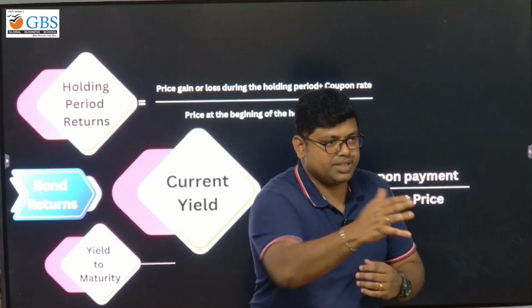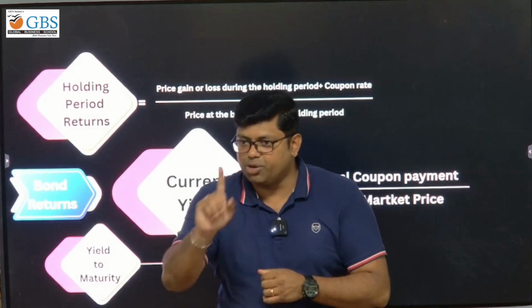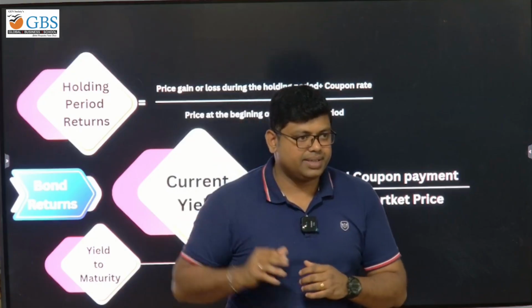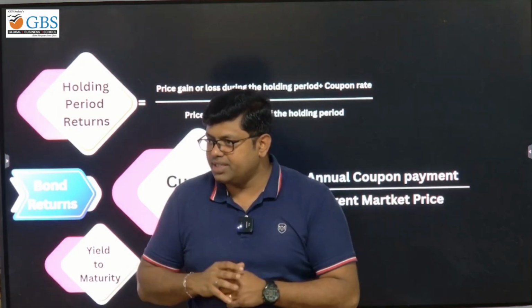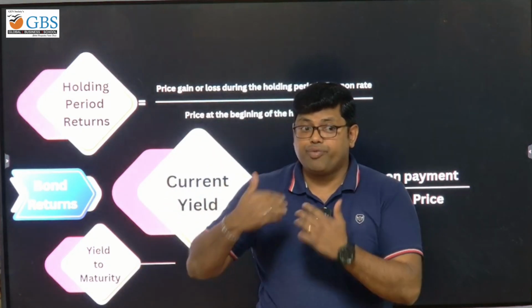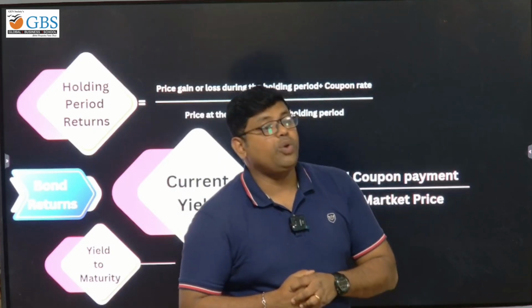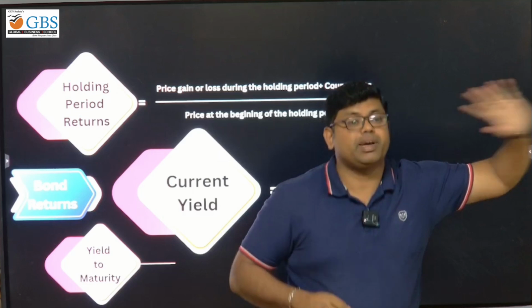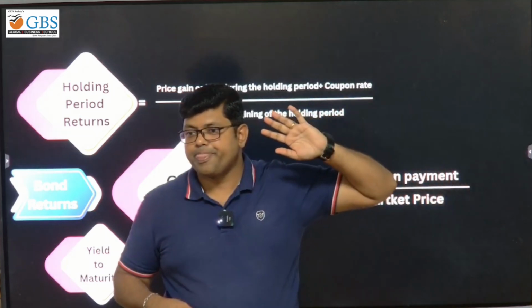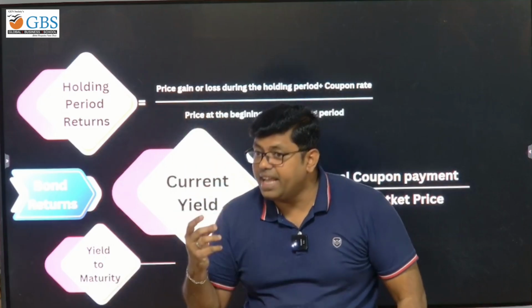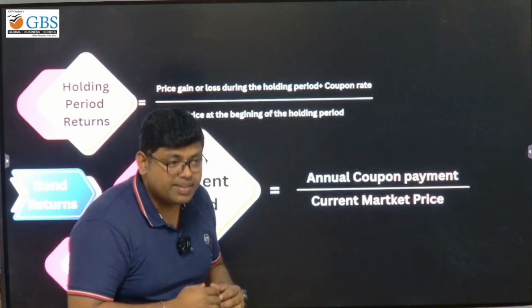I issued a 100 rupees bond to you at 10%, and maturity period is 5 years. After 2 years, the market value of the bond which I issued is 120 rupees in the secondary market.